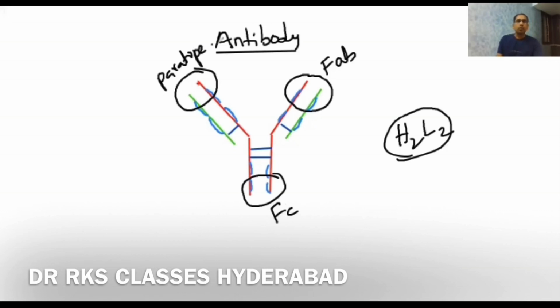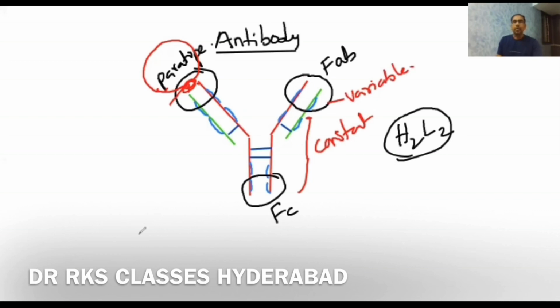It can bind with the epitope of the antigen. The remaining part of the arm and stem together is considered as the constant region. This region is called the variable region.